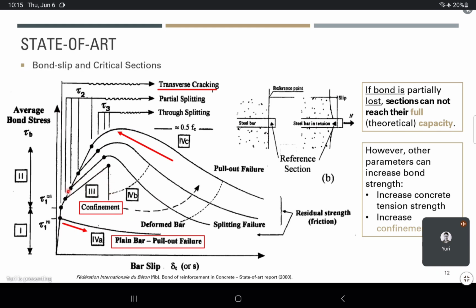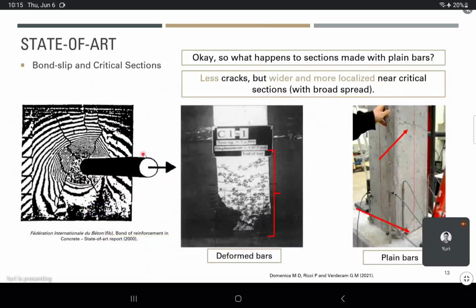And when you take out the confinement part of deformed bars, you actually lose that bond straight away. On the other hand, when you increase confinement, you actually increase the strength. So confinement is a very important and particular part of this bond strength. And here's the other thing that I wanted to show you.